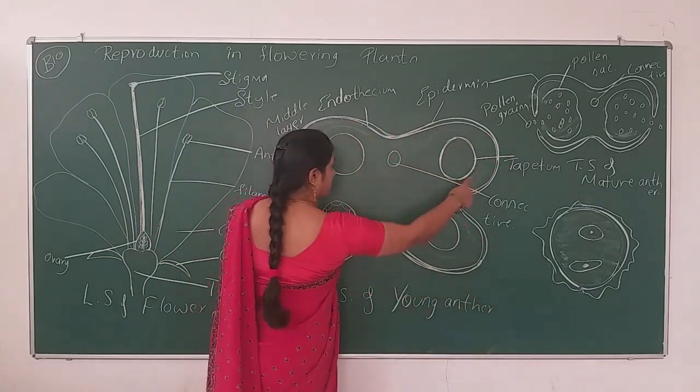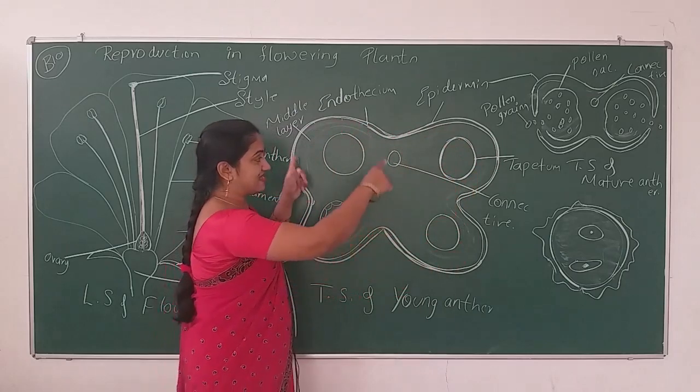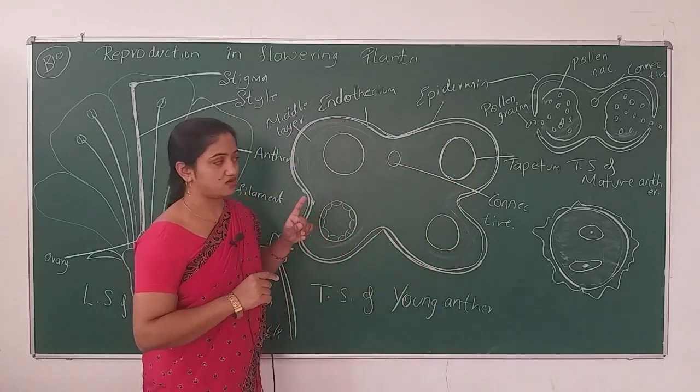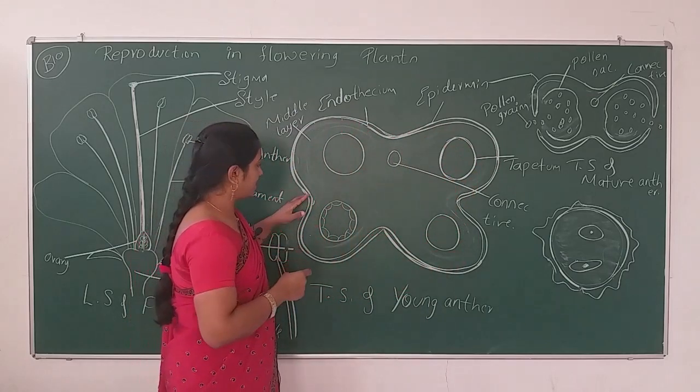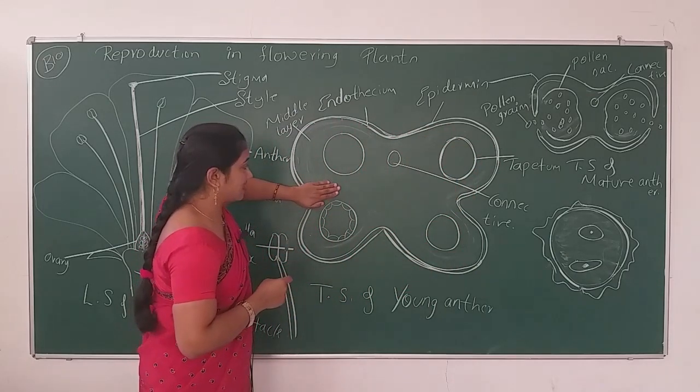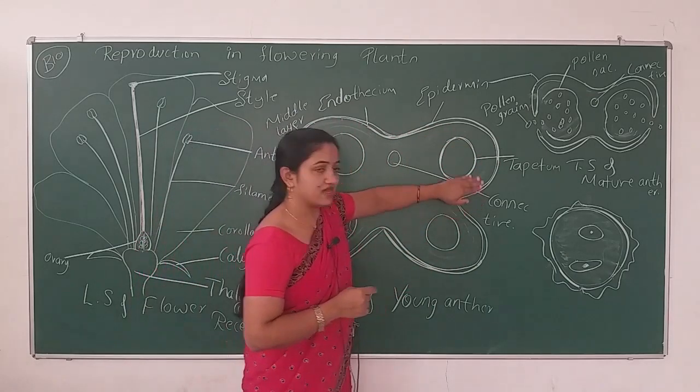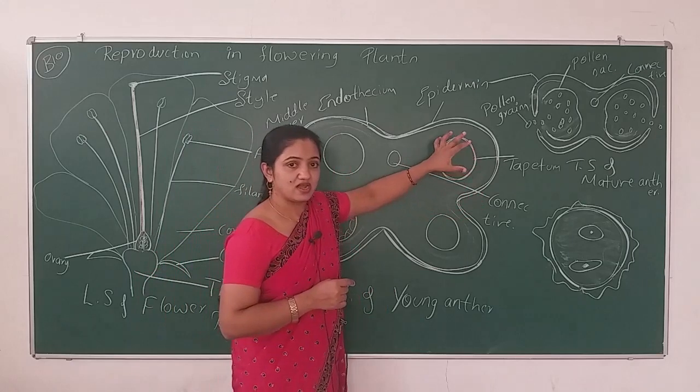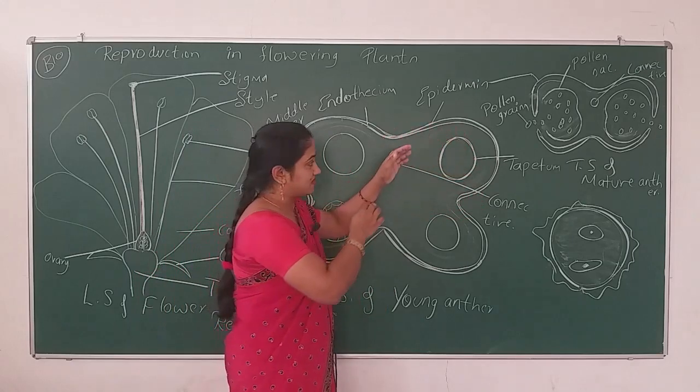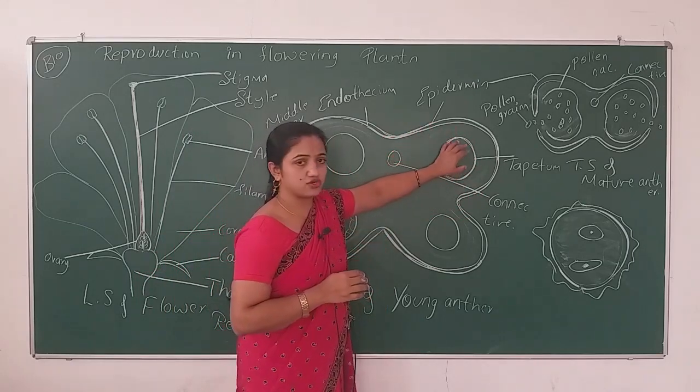This is the compact, sealed, unopened anther. It is a young anther. There is no dehiscence at all. Why? Because the tissues are under construction, they are getting mature.